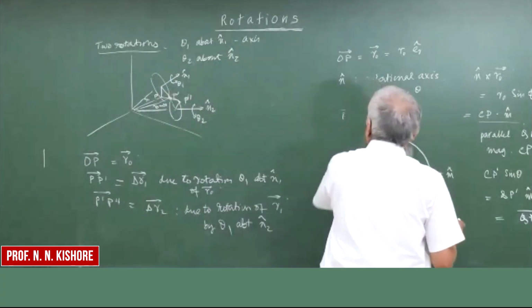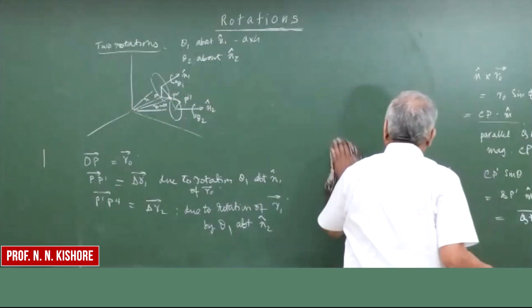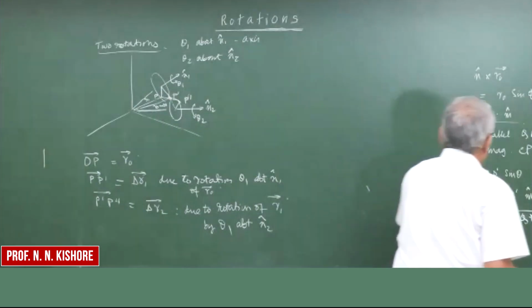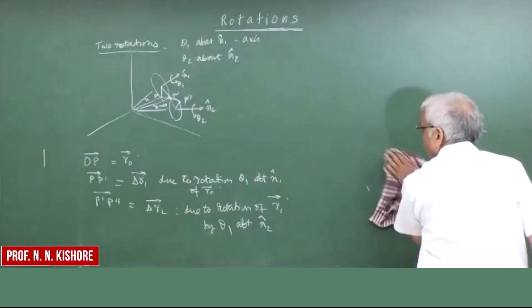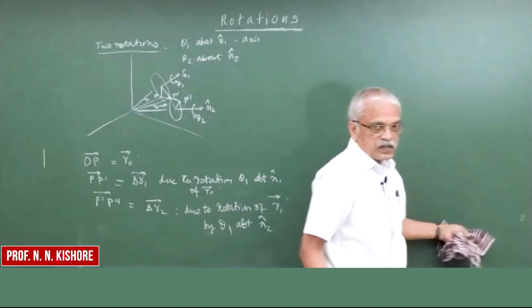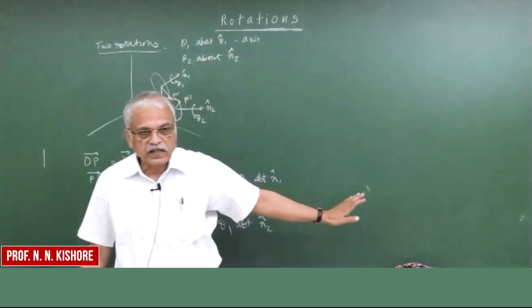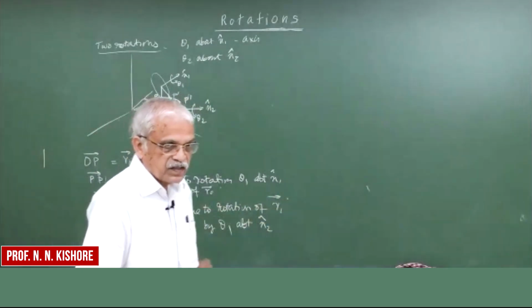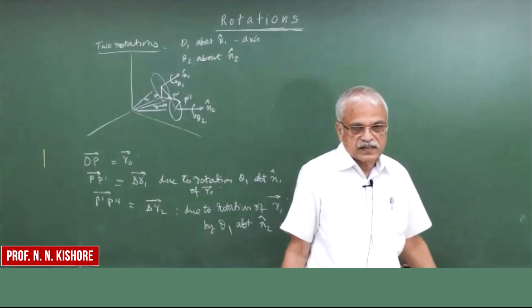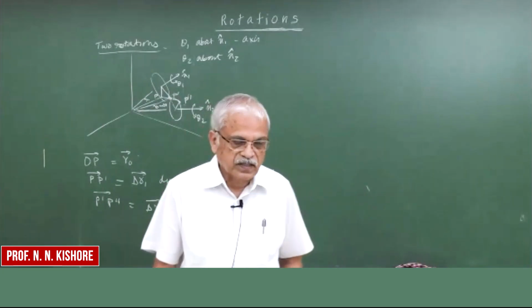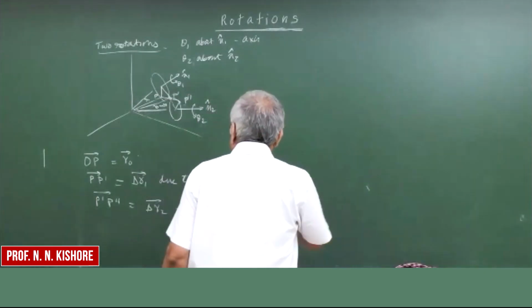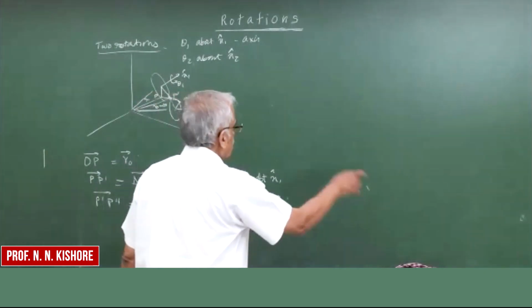So the equations are a little longish, but I'll write them because they are very important. See, the mechanics is very rigorous. It's not something people just do by hearsay. So now let's put this in the form of equations.